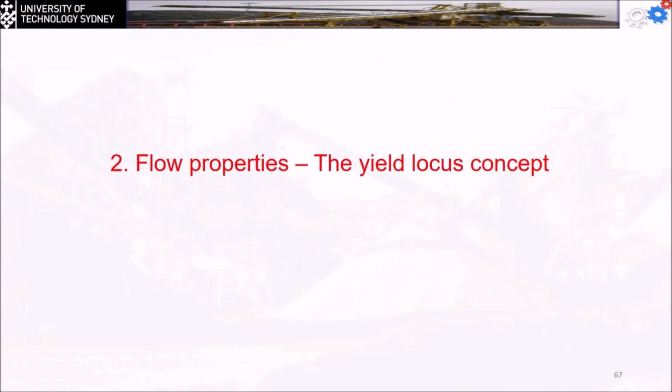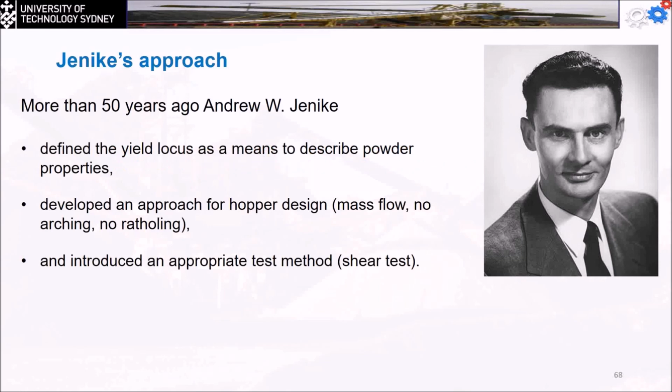More than 50 years ago, Andrew Jenike defined the yield locus as a means to describe the powder properties. And he developed an approach for the hopper design, like the mass flow, no arching, no rat holing. And he introduced the appropriate test method, which is known as the shear test. And this is the experiment actually we're going to do in the lab in week 3.